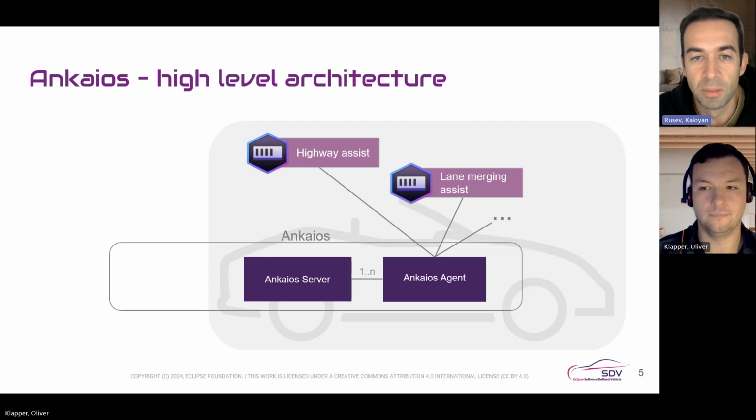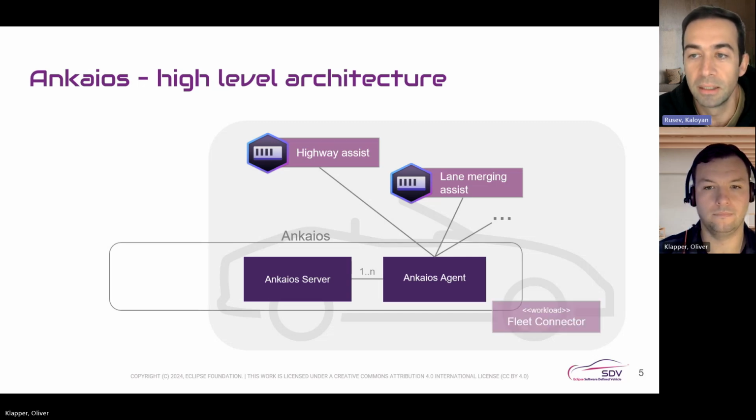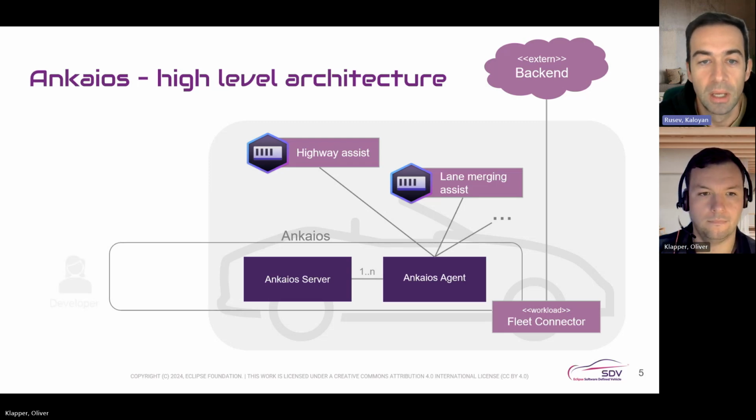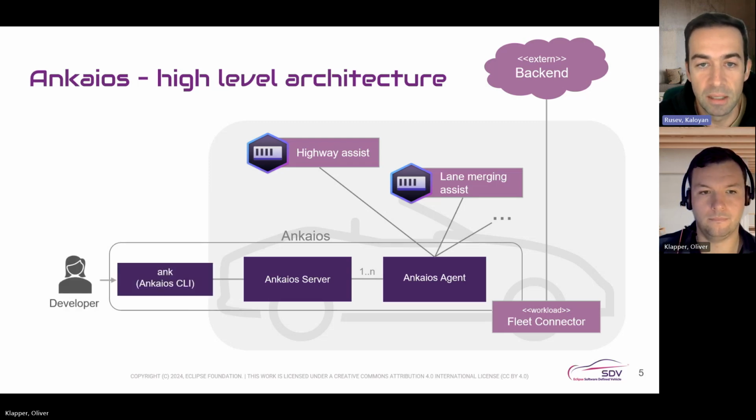To give more flexibility to the system, Ankaios supports the operator pattern, where privileged applications running in the cluster can modify the state of the cluster itself. This allows us, for example, the possibility to create a fleet connector that manages the vehicle from the cloud. Ankaios also enables fast and easy development by providing a CLI that can be used from the outside as well as the inside of the vehicle.